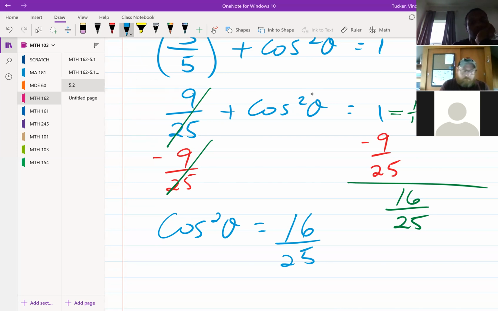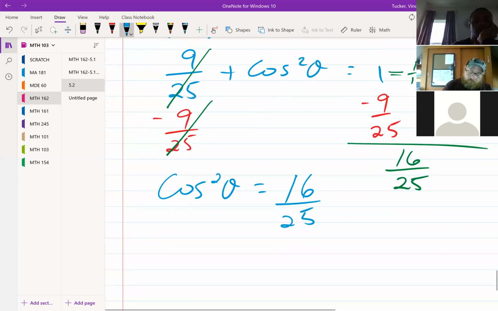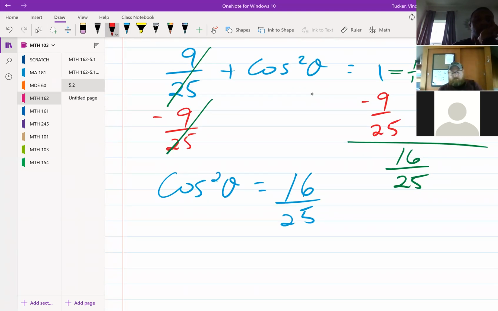All right, make sure we are okay. Now to get rid of this square, I need to take the square root.